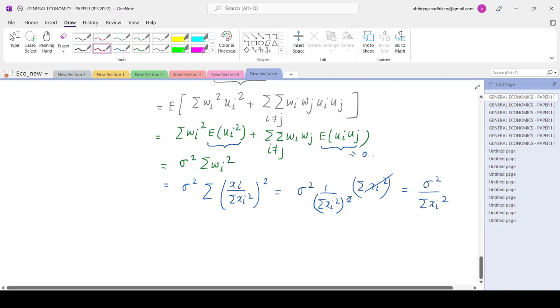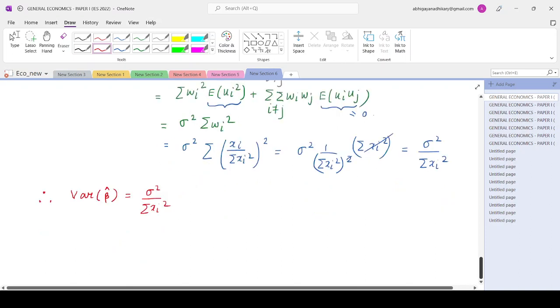Therefore, your variance of beta hat is basically sigma square by summation small xi square. So now what is the standard error? Note something over here: small xi squares can be easily computed from the data that you have in your hand, but sigma square is unknown.